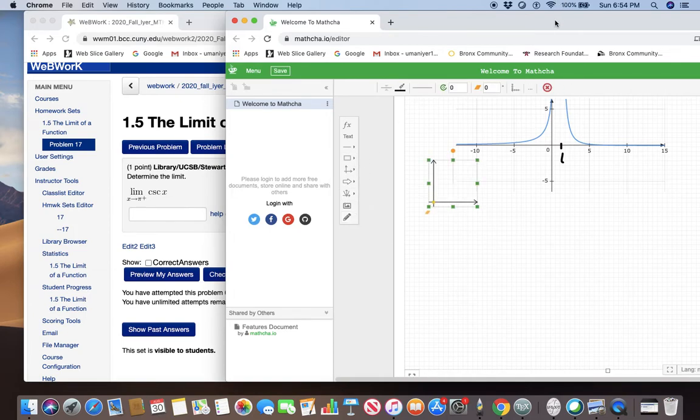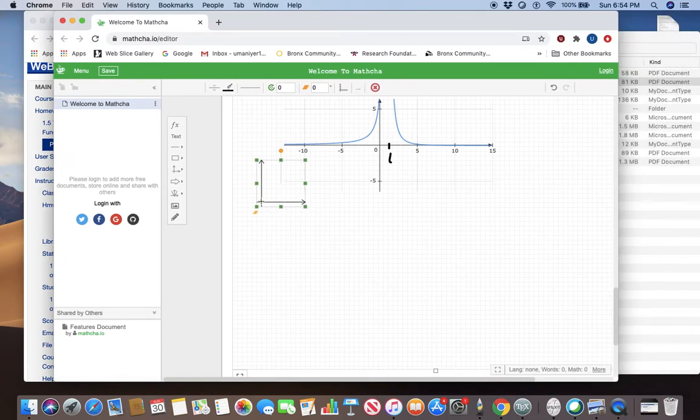The sine graph looks something like this, right? Starts at 0, goes up, comes down, goes up, comes down.